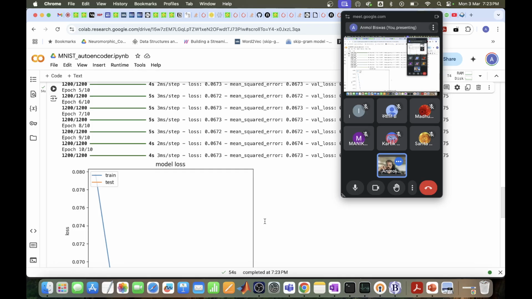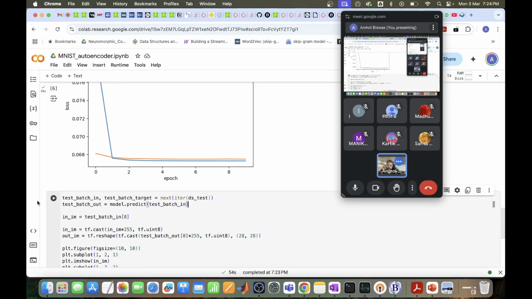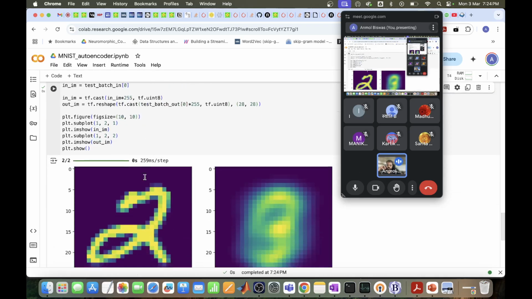So there's a drop at the beginning, and then nothing. It's no longer fitting anything more. In fact, train has fallen below the validation, which typically means there is going to be no further improvement of this model. Then we can plot an example case.